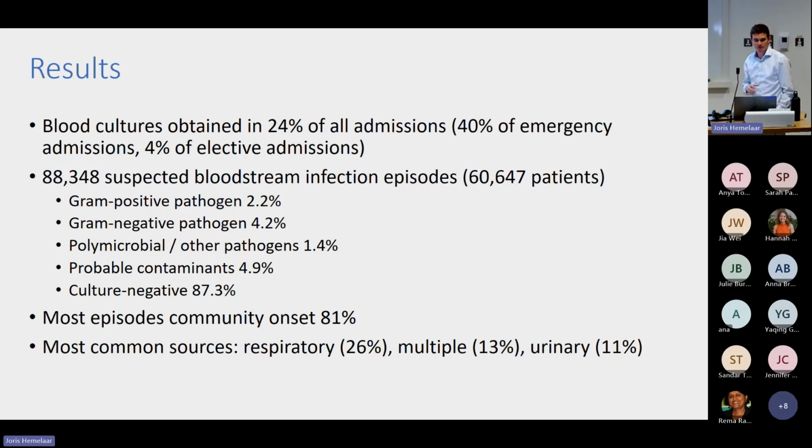Around 5% of the blood cultures get contaminated with bacteria that sit on people's skin, and the large majority are culture negative. Most of these blood cultures are taken when people come into hospital, and they're mostly associated with respiratory or urinary infections or multiple combinations of infections.